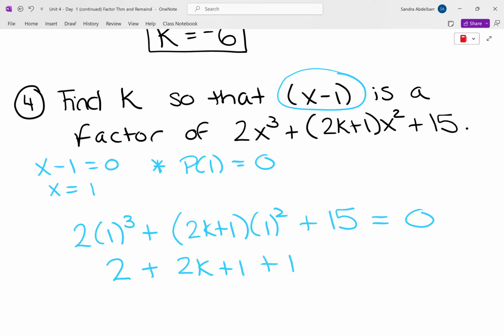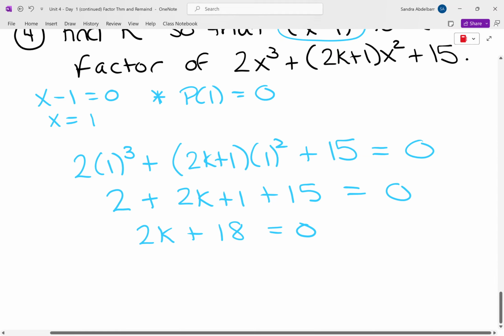So we're going to have 2 plus 2k plus 1 plus 15 equals 0. So now we have 2k plus 18 equals 0. And now we solve this. Am I going too fast? What about the 1 squared? 1 squared is just 1.